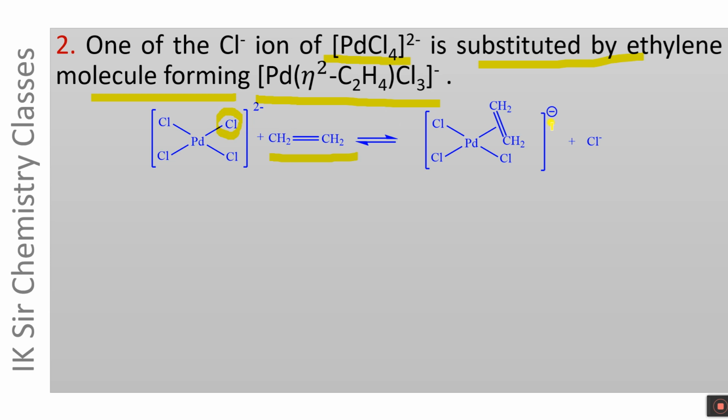This Cl- ion comes outside the coordination sphere, and ethene molecule enters into the coordination sphere of Pd2+ ion. It must be noted that this reaction should be balanced with respect to charge also. The charge on the left hand side is 2-, and on the right hand side the charge is -1 plus -1, that is 2-. Hence this reaction is balanced with respect to charge also. One of the Cl- ions is replaced by ethylene molecule.